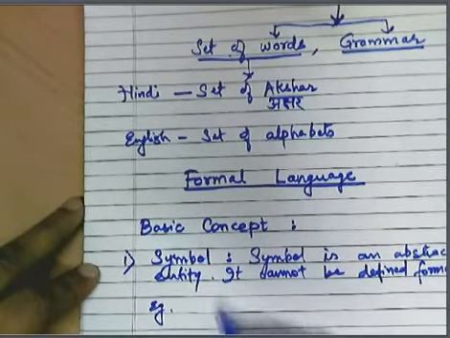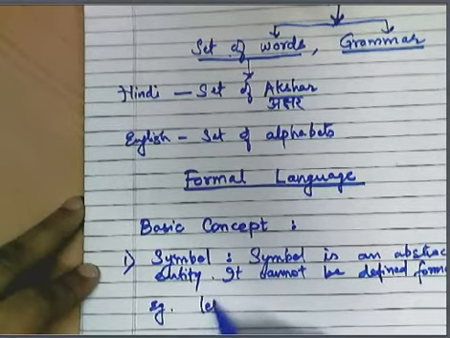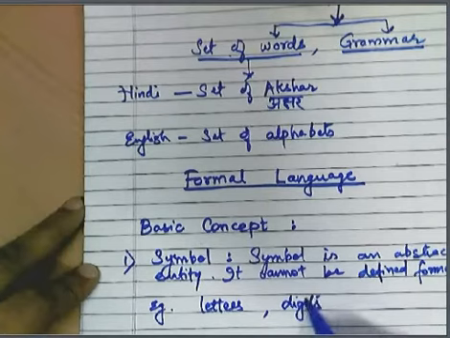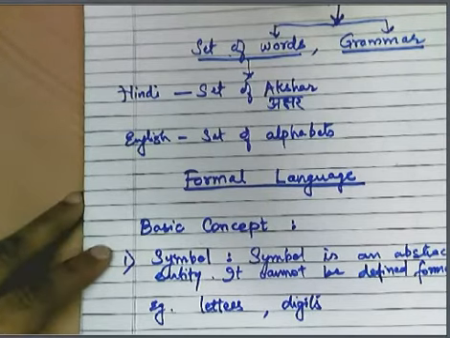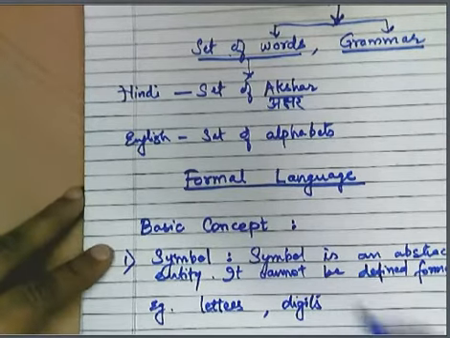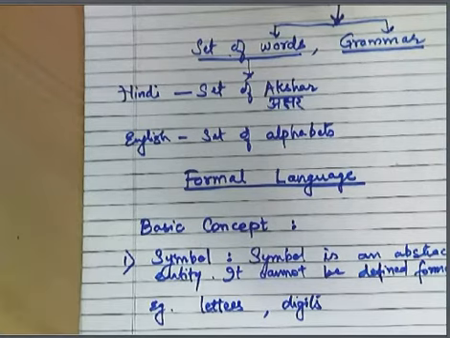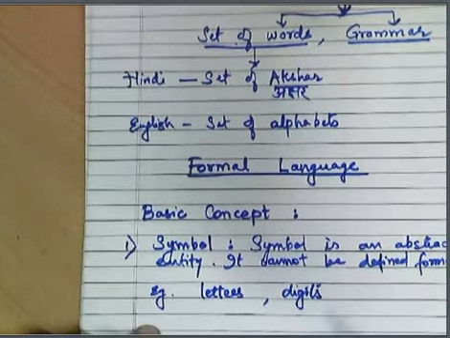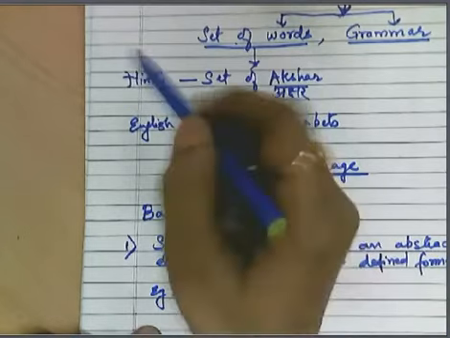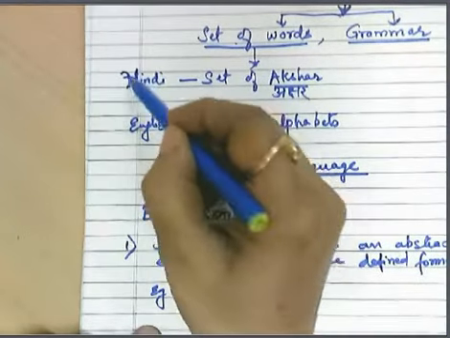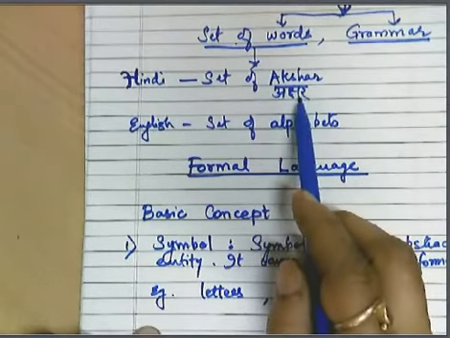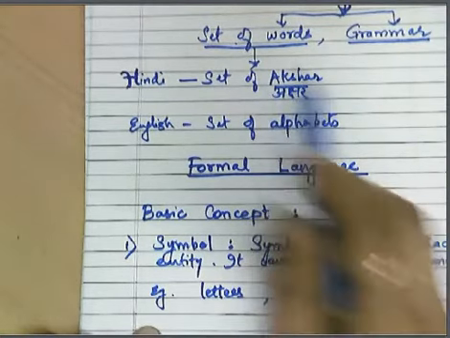For example, the letters and digits, all these are symbols which you want to consider for designing any language. For example, in Hindi, what is the symbol? All the akshars act as symbols which form a word.